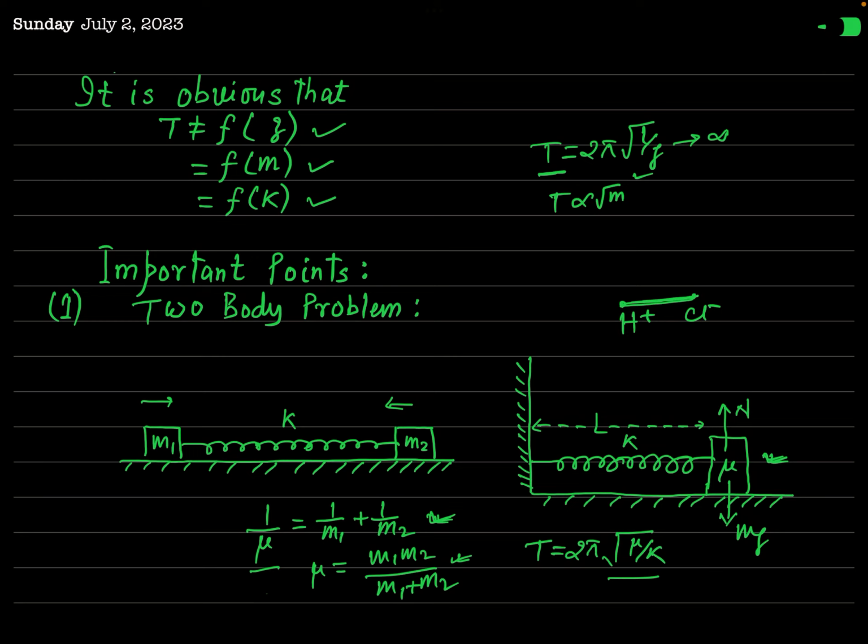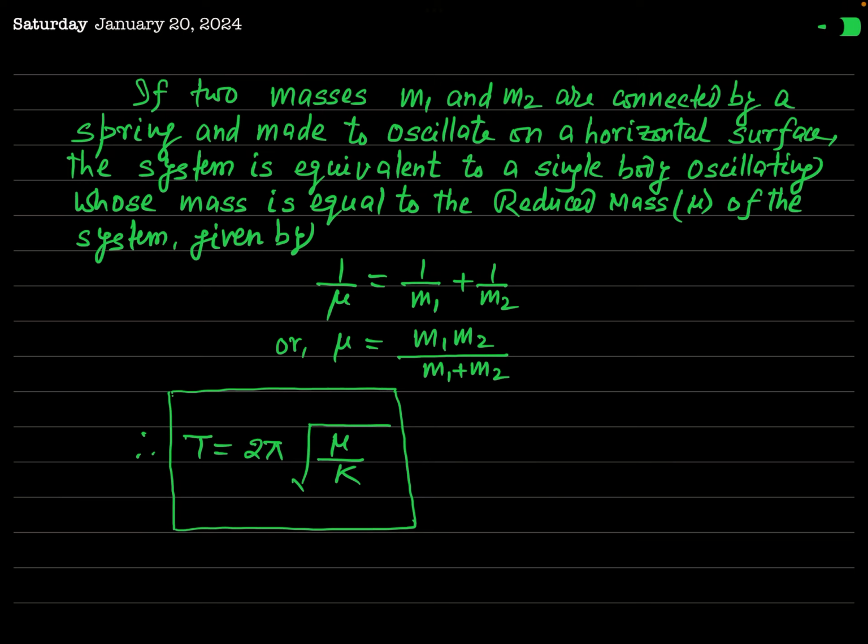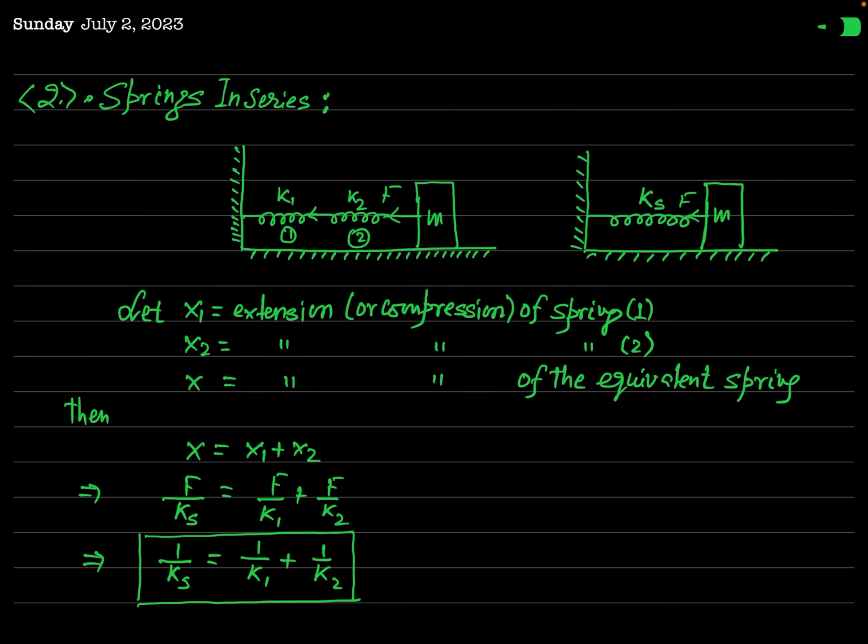Here in the place of m1 you have to write the mass of the hydrogen ion, and in the place of m2 the mass of the chlorine ion, and you can get the time period. So you can solve such a problem. I have explained this here, you can see. So this was a very important fact.